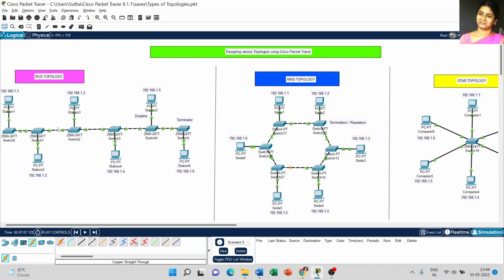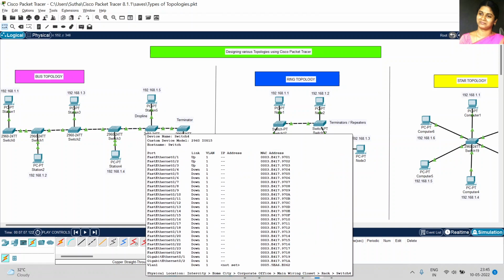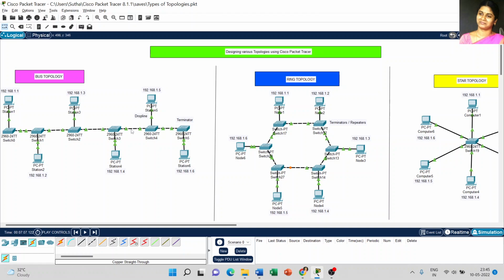The reason is we are using a common cable to transmit the data to all the remaining nodes. So if station 4, station 6, station 5, all the nodes try to send data, only one cable is supporting, and that one cable depends on all the remaining nodes. So definitely the network collision or network traffic is high.